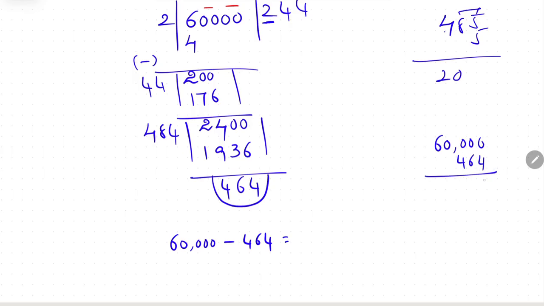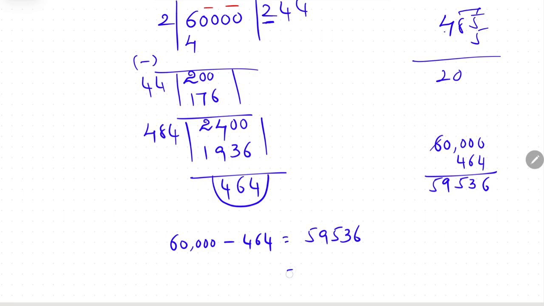Now 10 minus 4 is 6, 9 minus 6 is 3, and 9 minus 4 is 5, and it is 9. 6 will become 5. So we get 59,536. It is the number which is a perfect square.